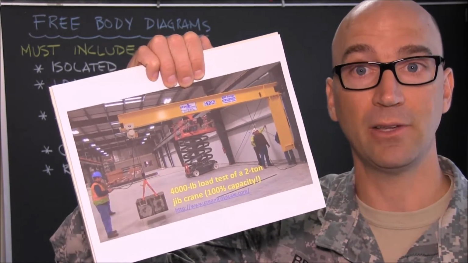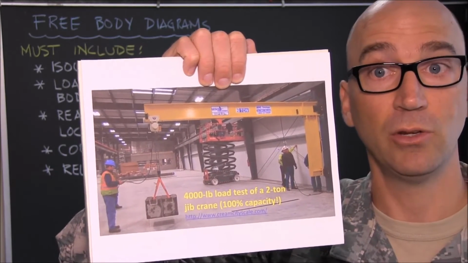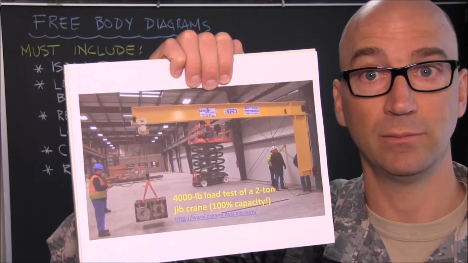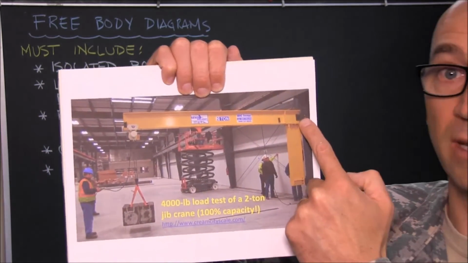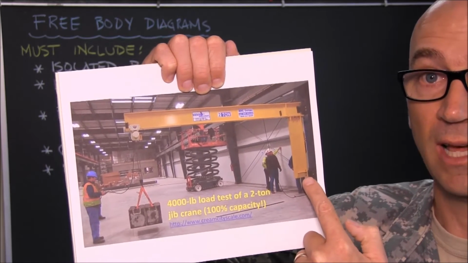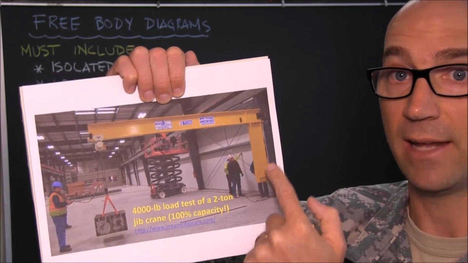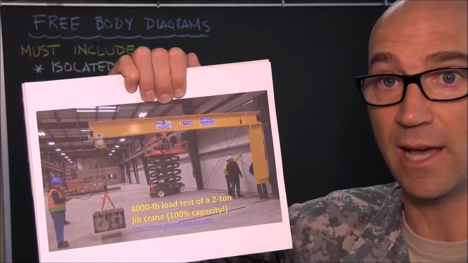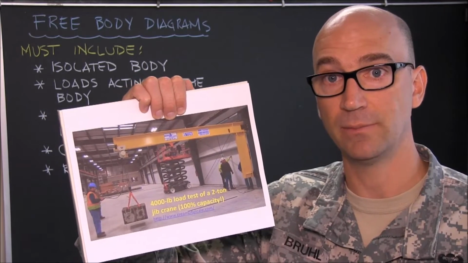What would we need to calculate about this jib crane based on that 4,000 pound load to confirm that it's going to be adequate? For this example, we would probably be most interested in what are the reaction forces at these two supports, and can the structure that this jib crane is attached to handle those forces and moments.